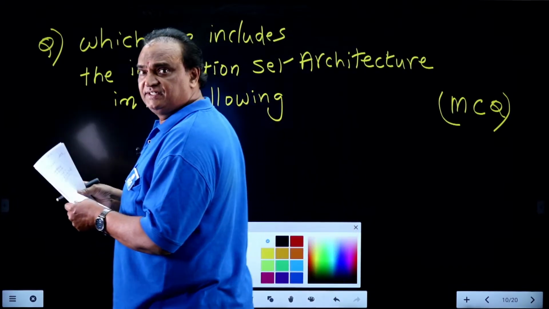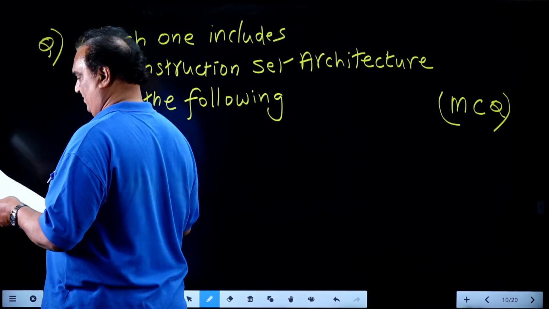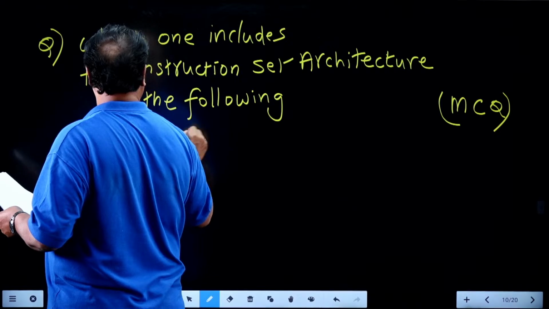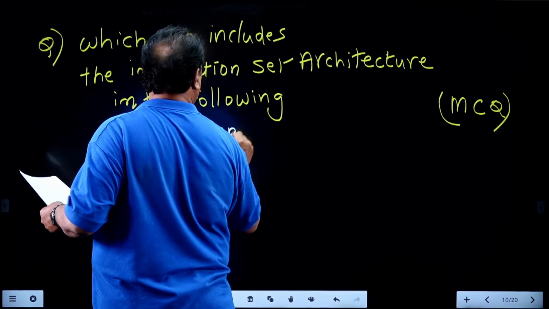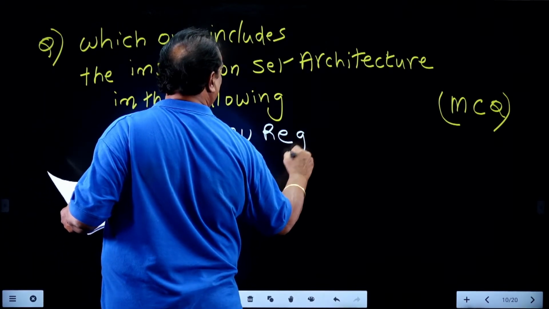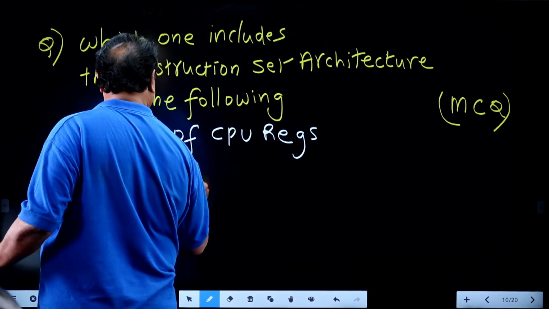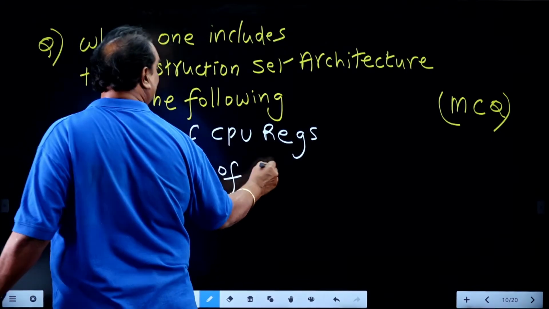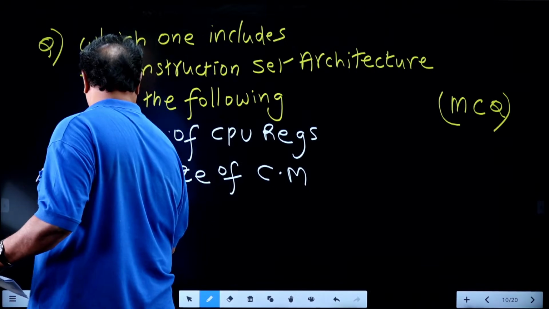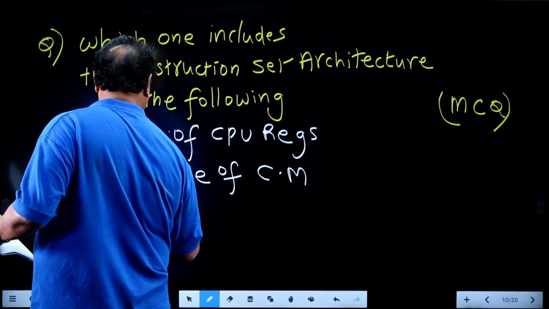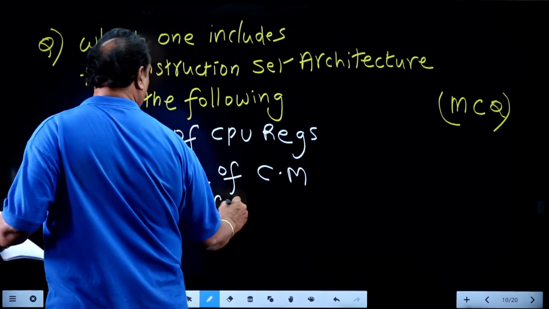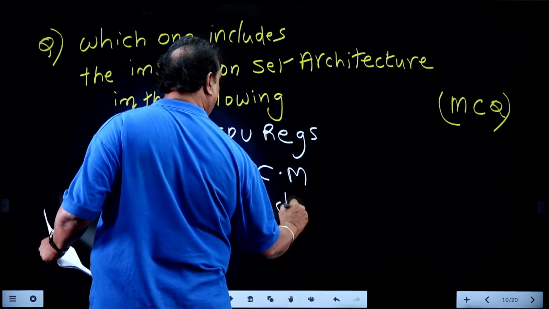Come to options. Option A, number of CPU registers. Option B, size of cache memory. Option C, number of cache levels.